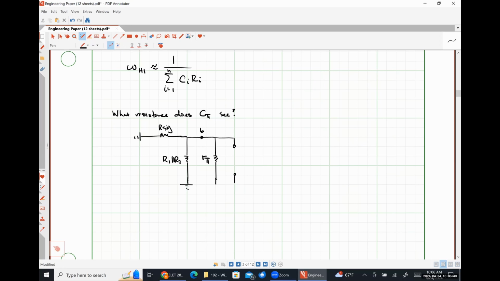So these are the terminals that we're effectively looking into. But I'm going to keep on trucking over here.